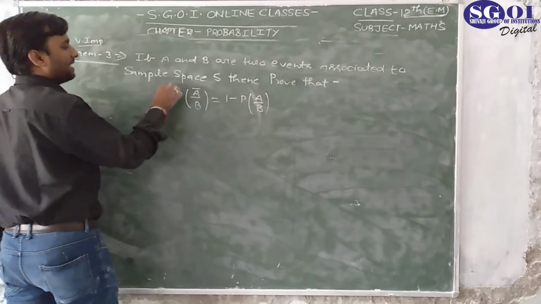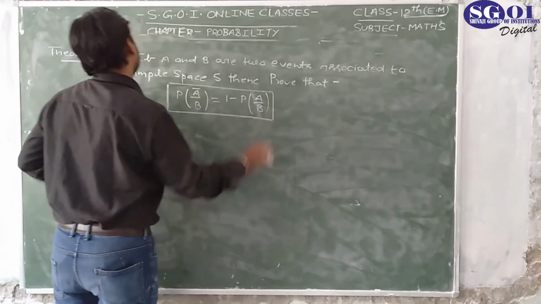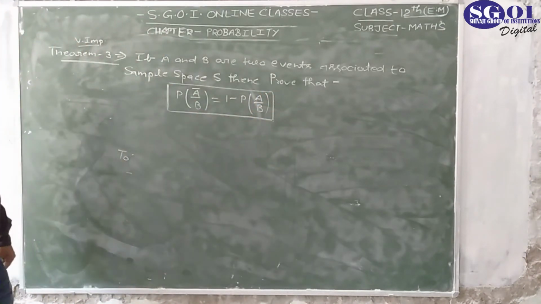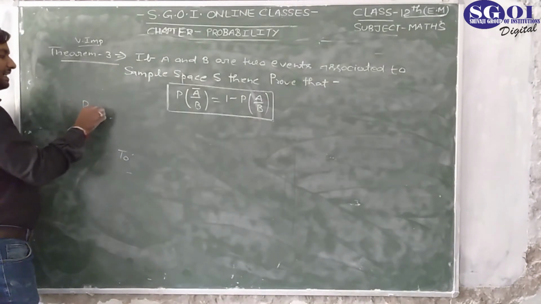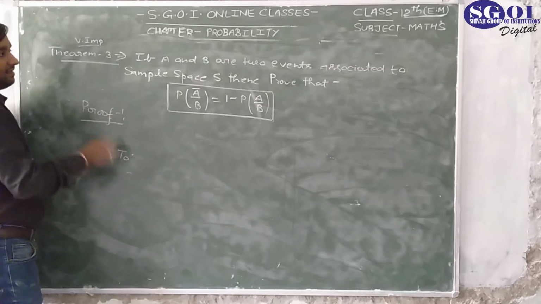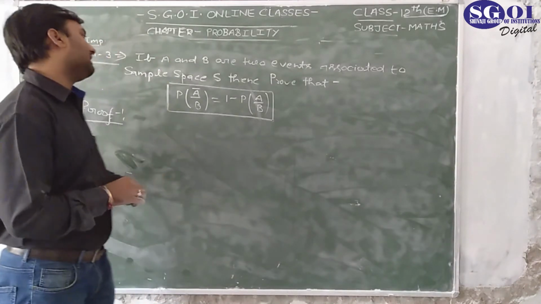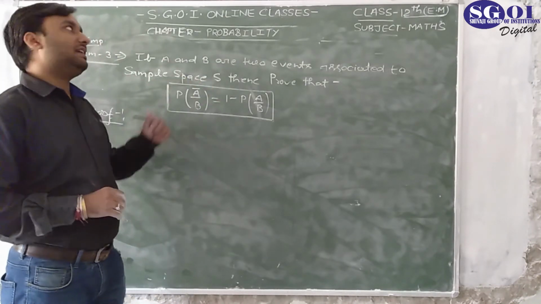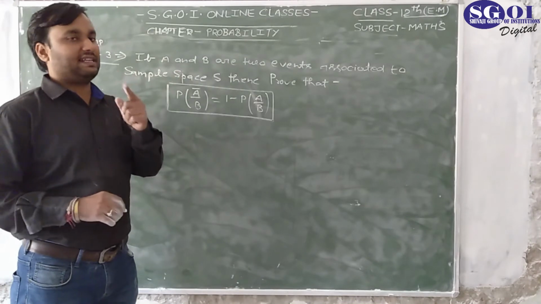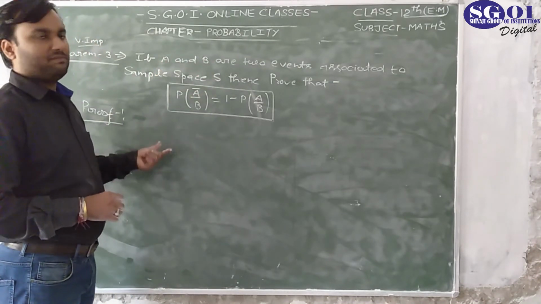This theorem can also be proved in the same manner as theorem second. So what is theorem second? And what is theorem third? Capital A and capital B are two events associated to a sample space. In theorem second we had only one event, and in this theorem we have two events. So the work is the same.